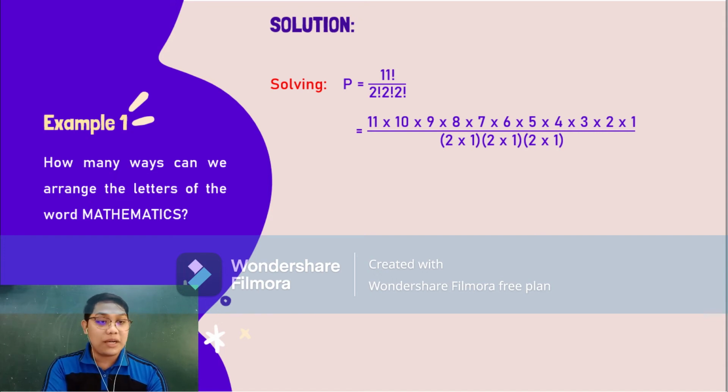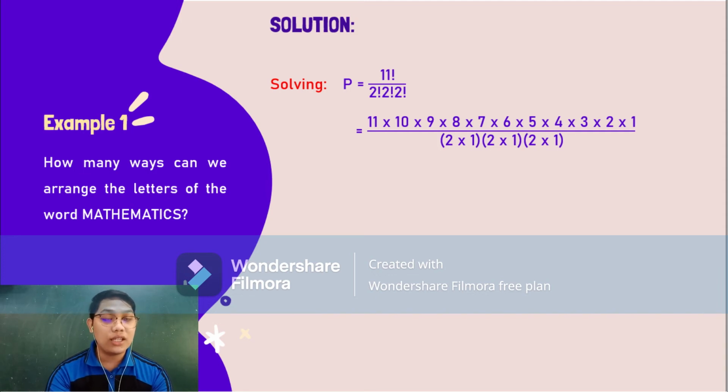Always remember nga ang open and close parenthesis, gi-denote na siya og multiplication, so wala ko nagbutang og multiplication sign sa in between them kay pasabot na siya multiplication gihapon. Then, kung tan-awon nato, naa 2 times 1 sa numerator, naa pod 2 times 1 sa denominator.